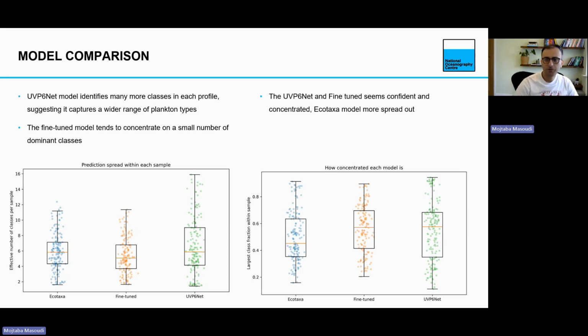Also, for example, the fine-tuning model tends to concentrate on a small number of dominant classes. And on the right side, you can see the fine-tuning and the UVP6 model concentrations are more confident on classes compared to the Ecotaxa model, which is spread out.